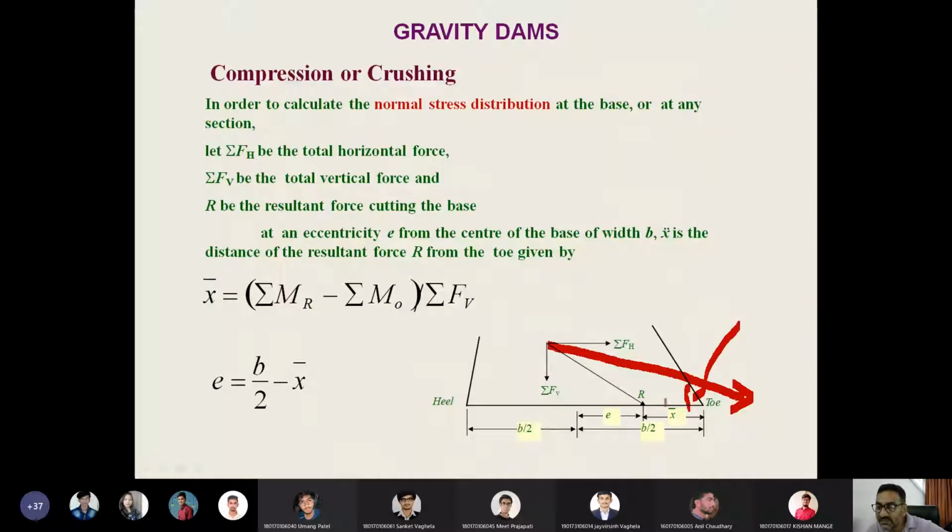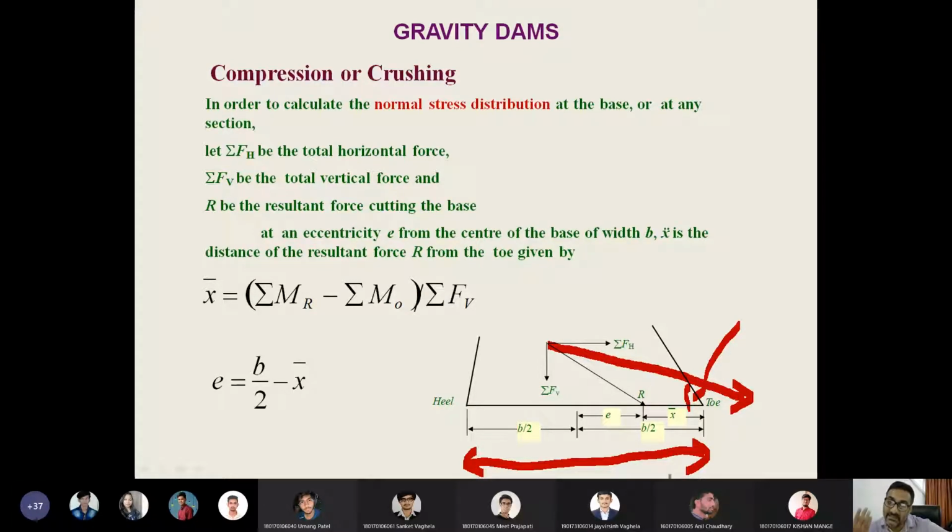And once it is crushed, what does it mean? The total base width, what we need, B by 2 is the total B. From here to here is the base width or breadth of the dam, and this is almost 80% of the height of the dam. This is a thumb rule, that the base width is almost 80% of the height of the dam.